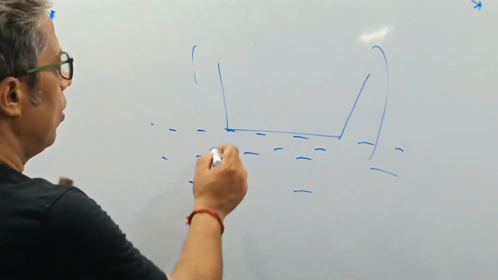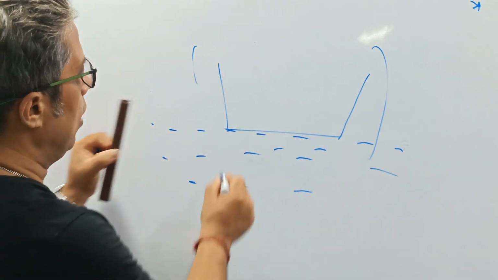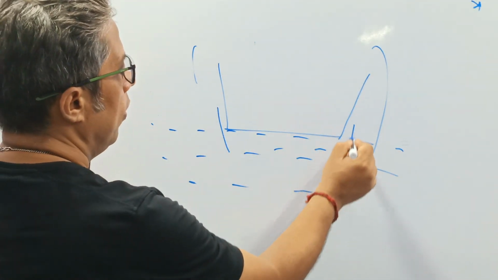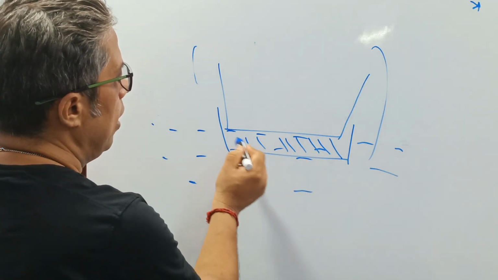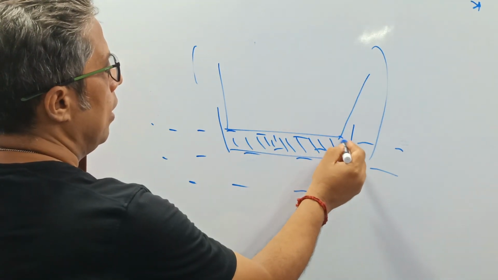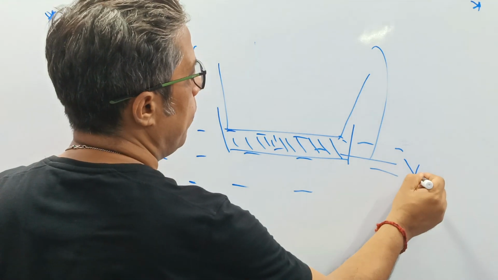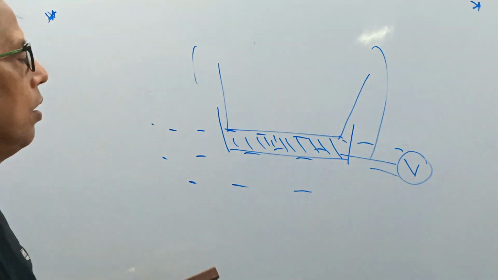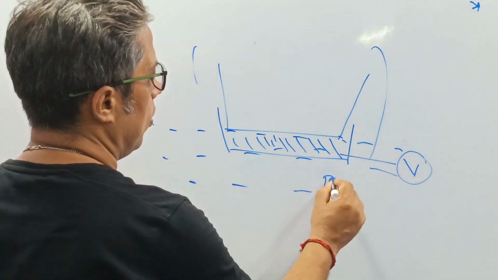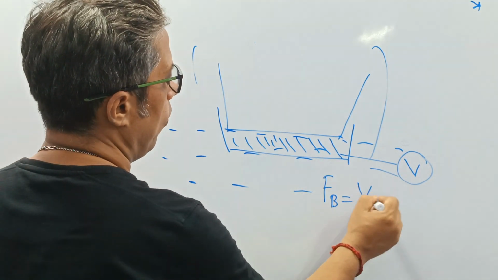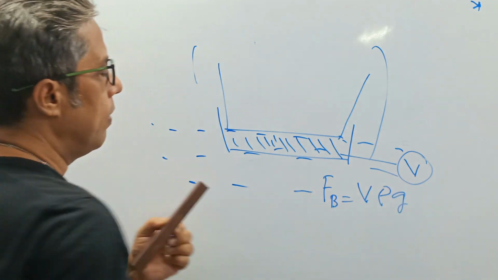So when we keep this iron in the container, part of this container will be inside the liquid, and this will cause the displaced volume V. So displaced volume V, and you know that upthrust depends on V rho g. So this V is a very critical factor.